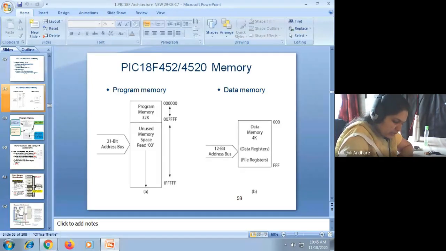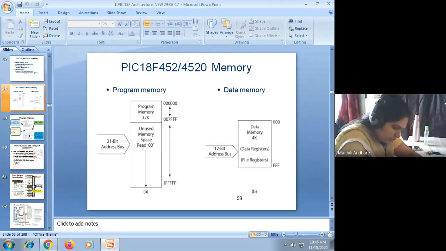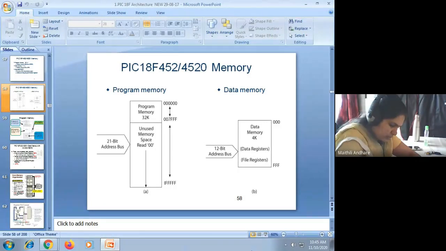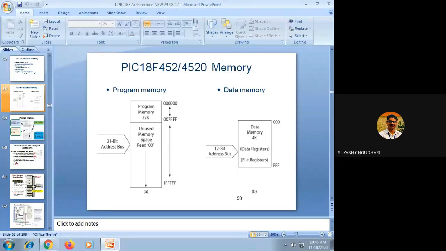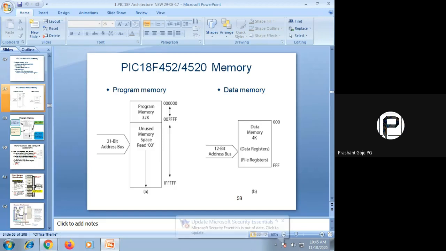Give me the attendance. Roll number 1. Present, ma'am. Roll number 2. Present, ma'am. 3. Present, ma'am. 4. 4. 5. Present. 6. Present, ma'am. seven, Present, ma'am. 8, Present, ma'am. 9, Present, ma'am. 10, Present, ma'am. 11, Present, ma'am. 12, Present, ma'am. 13, Present, ma'am. 14, Present, ma'am. 15, 17, 17, Present, ma'am. 18, Present.